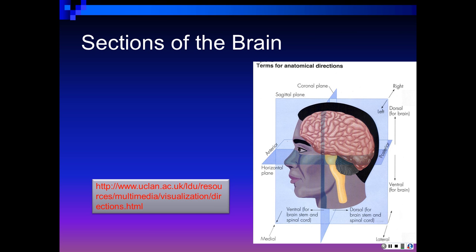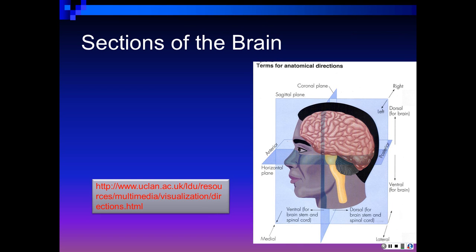So these terms are important to get comfortable with. The coronal plane, as you can see here, I think it means crown. So it's if you were to slice the brain this way, right? And the sagittal plane is longitudinally, sort of front to back.